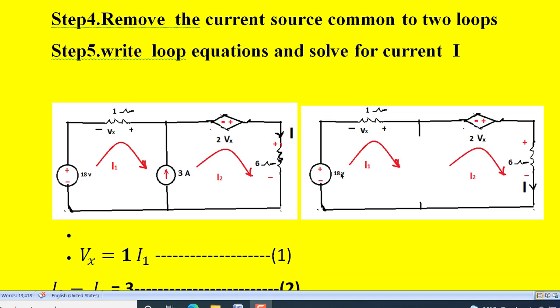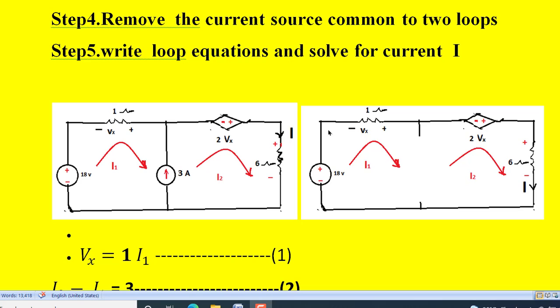Now, having assigned the loop currents I1 and I2 with direction, it is time to give the polarity of voltage for each element. For a DC source, its polarity remains the same; we cannot change it. Similarly, the voltage across the 1 ohm is also fixed, its polarity is fixed: this is minus and this is plus, so we should not change this.